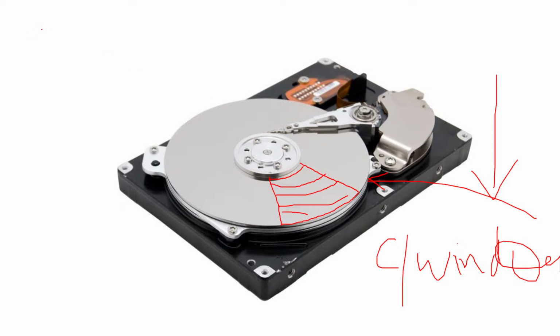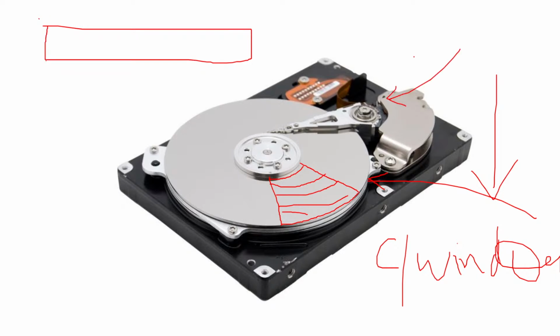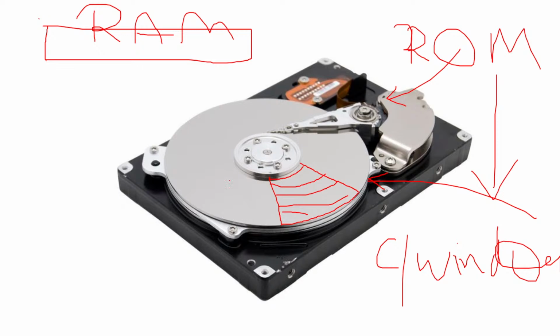Anybody knows? This is your hard disk, this is your RAM. What is the difference between RAM and ROM? This is ROM, right? And there is another part, RAM. We call it memory. What is the difference between both of them?